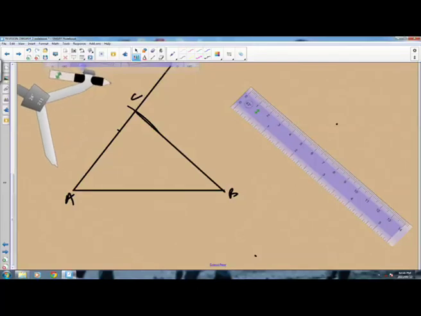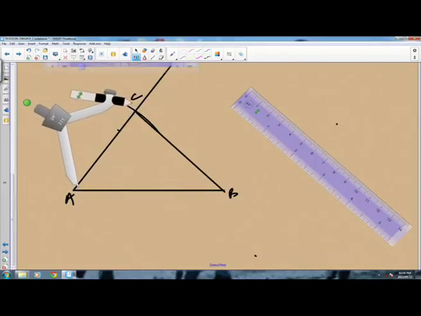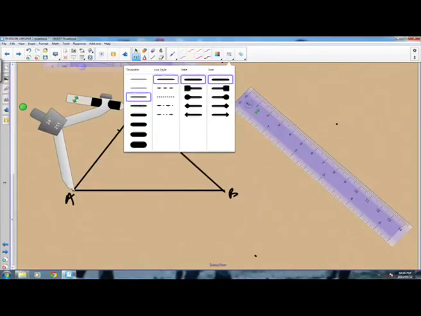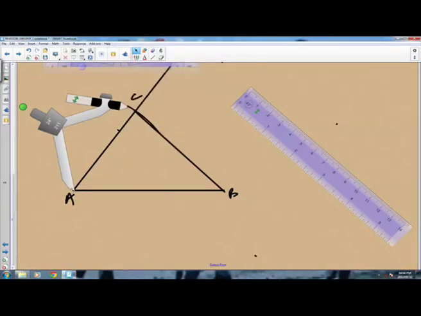All that you need to do is to take your compass and put it at point A, because you are expected to bisect line AB.